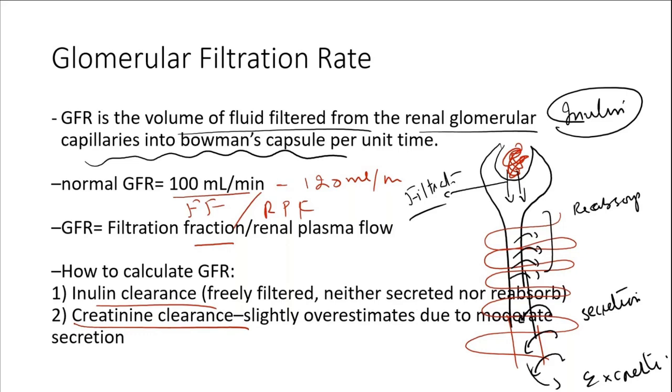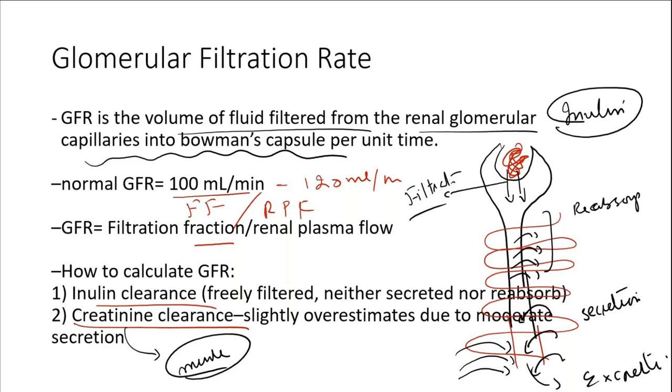That's why we use creatinine, because creatinine is naturally present in our body. It is produced by muscles. Creatinine slightly overestimates GFR because part of it is secreted back into the tubule.